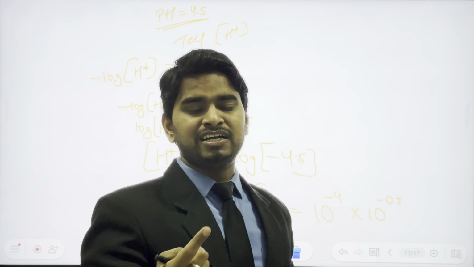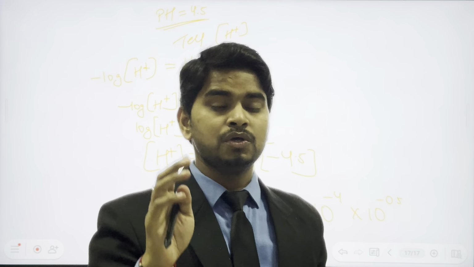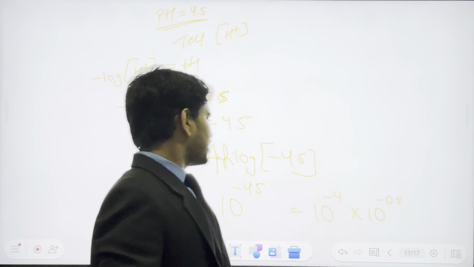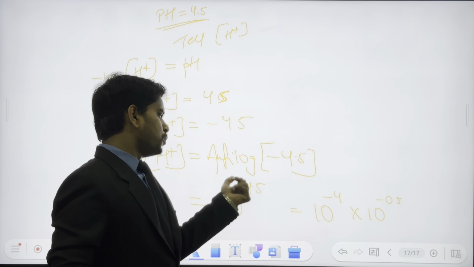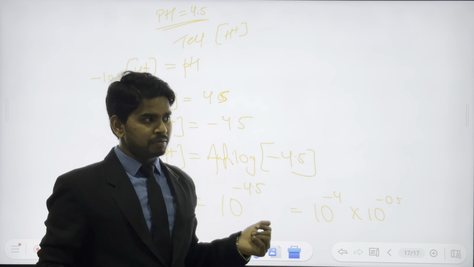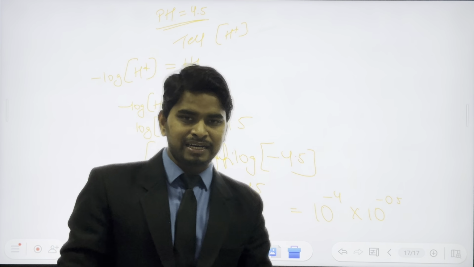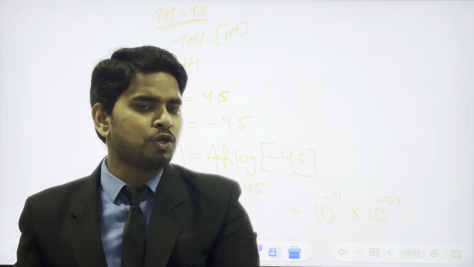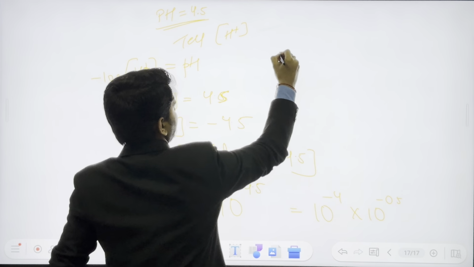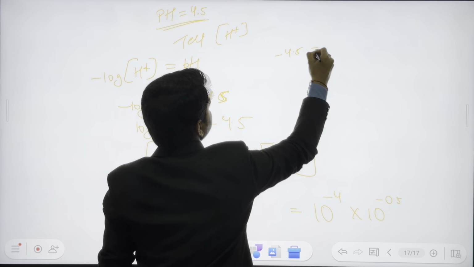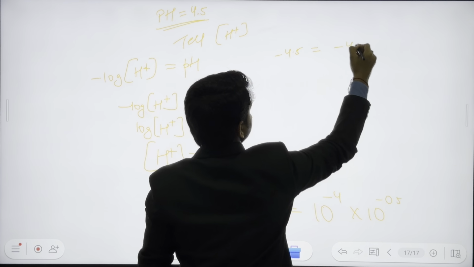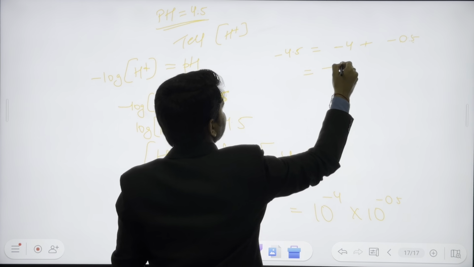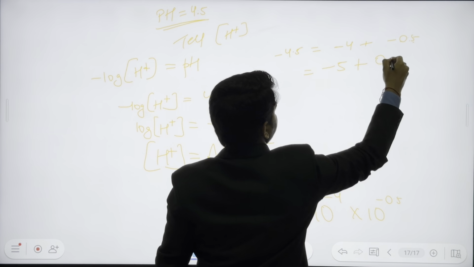We want to write in a standard form. So what we do is, we take a value which is lower than that, basically higher in magnitude. So minus 4.5, we will write it as minus 5 plus 0.5. We know that minus 4.5 can be written as minus 4 plus minus 0.5, or we can write the same value as minus 5 plus 0.5.